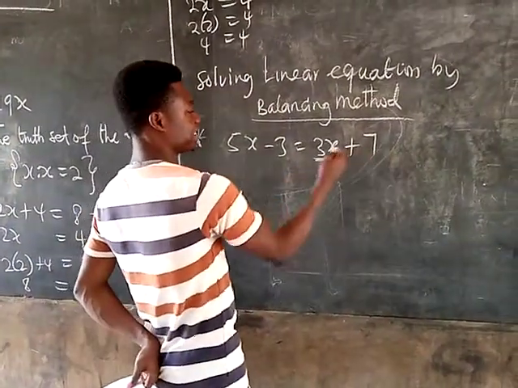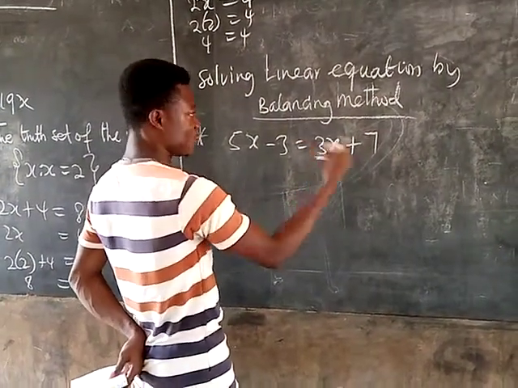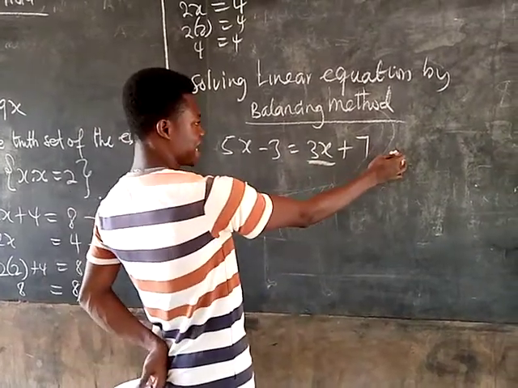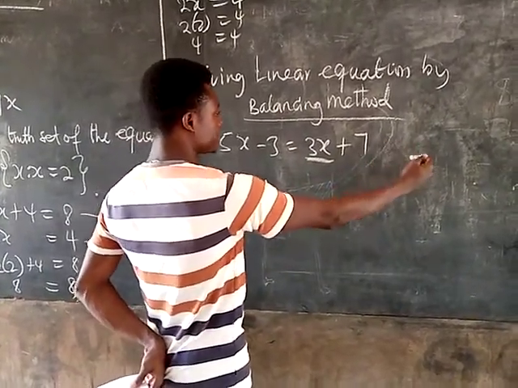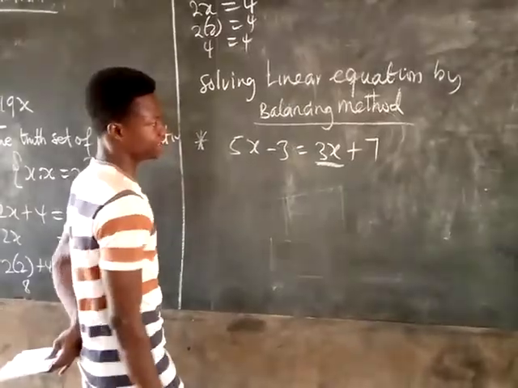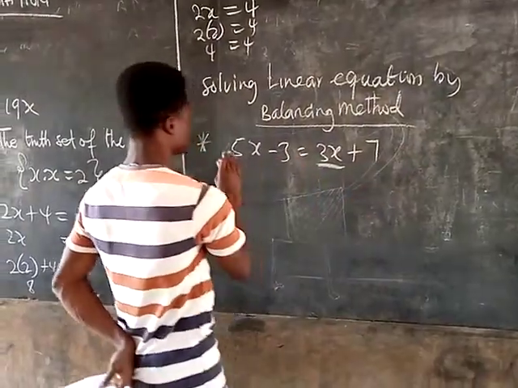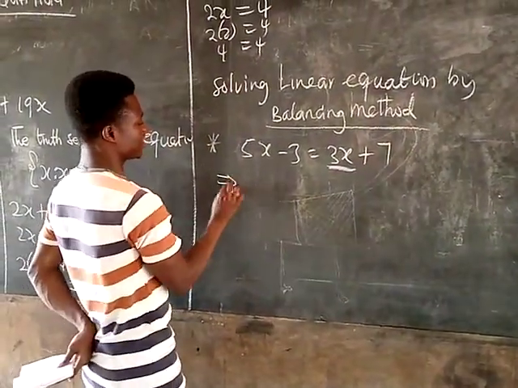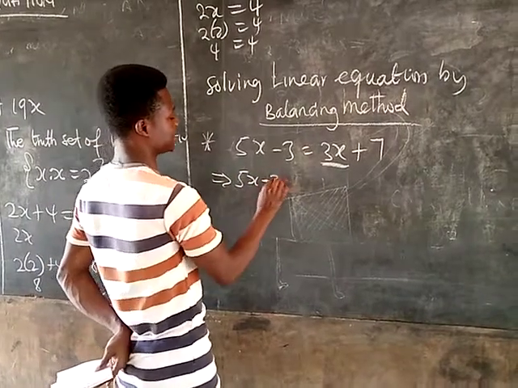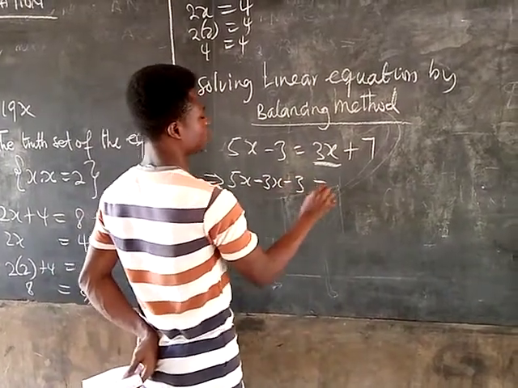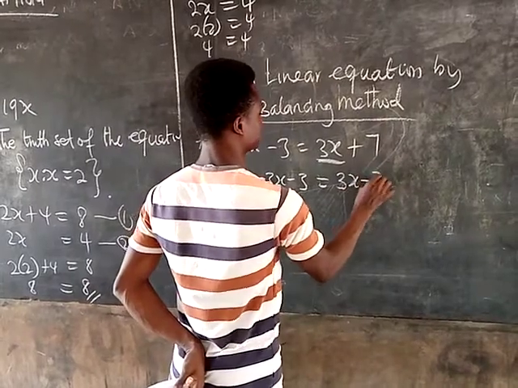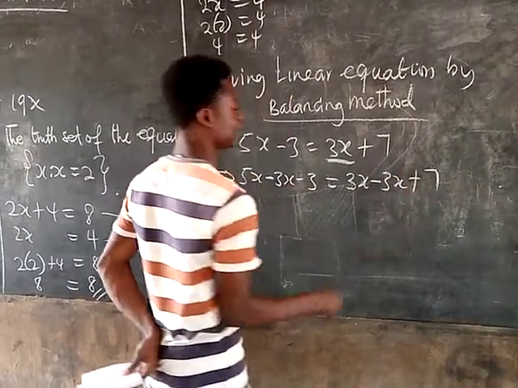We subtract 3x from this side, and then the 3x will go away. As the rule says, subtract the same quantity from both sides of the equation: we subtract 3x from here and subtract 3x from here. So we have 5x minus 3x minus 3 is equal to 3x minus 3x plus 7.